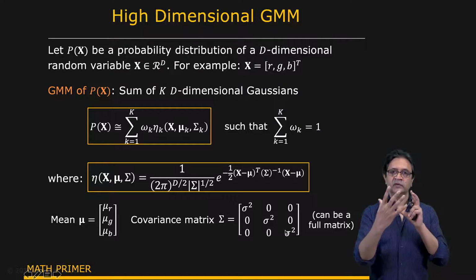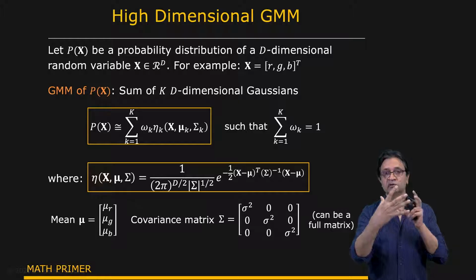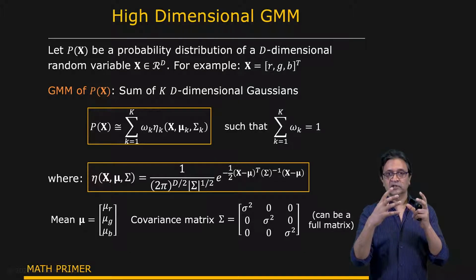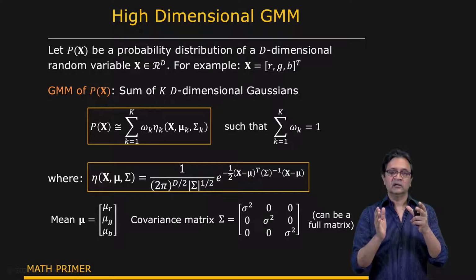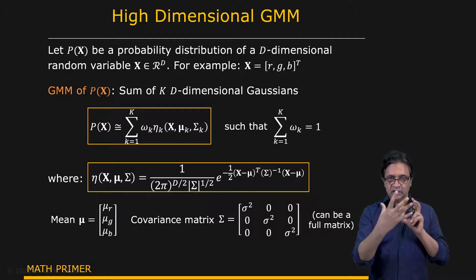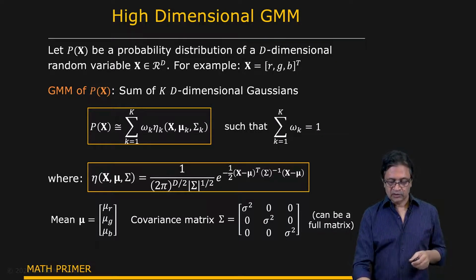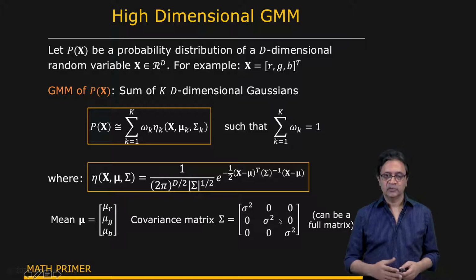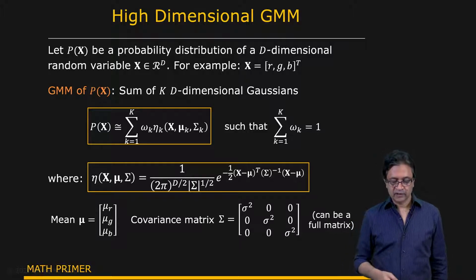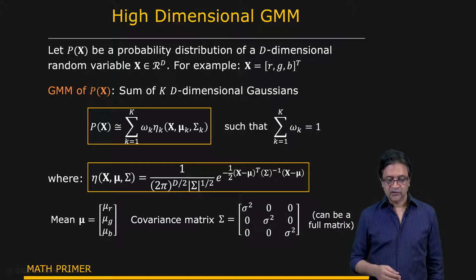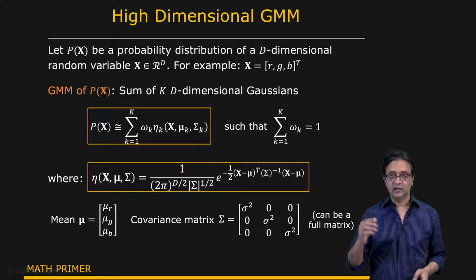Or you could have a Gaussian that is rotated, which means that there is actually correlation between different dimensions, red, green, and blue. So it's a rotated Gaussian, in which case this can be a full matrix. You would have non-zero values here as well. So it could be simple or more complex, it doesn't really matter. That is your GMM, Gaussian mixture model, in high dimensions.